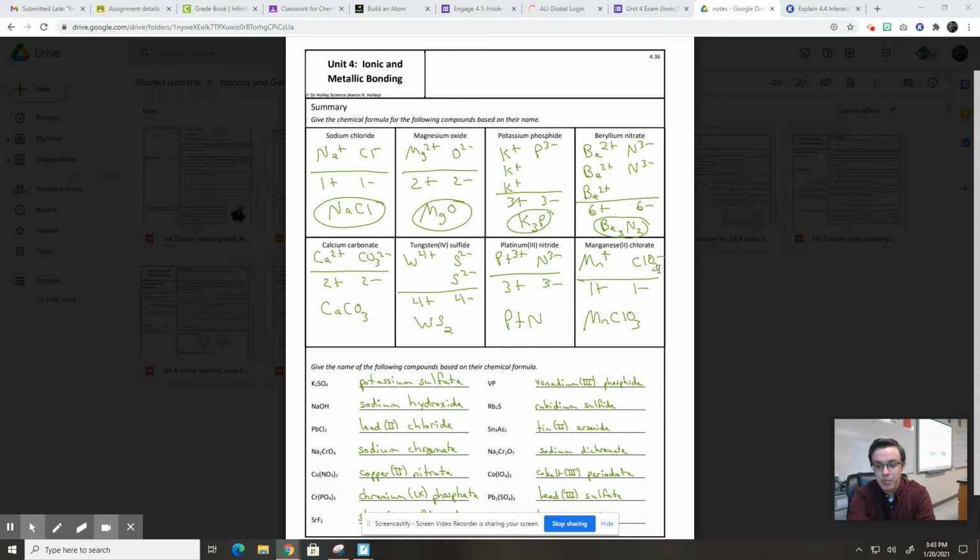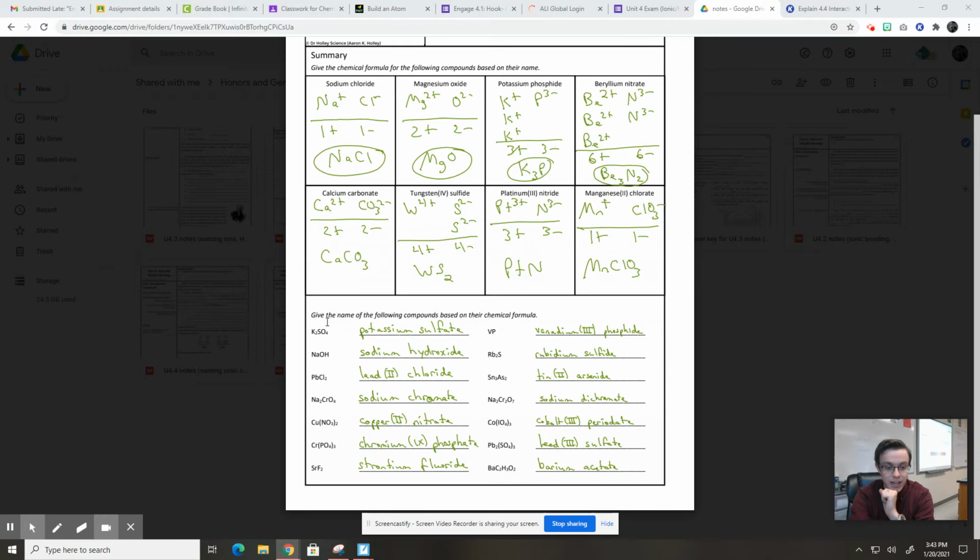If you were to swap and drop, what you would get is manganese with chlorate wrapped in parentheses and a little 2 outside of the chlorate, showing that you needed 2 of them to cancel out the +2 charge on manganese. All right, and then down here, the last section just has you give the name of the compound when you've already been given the formula.